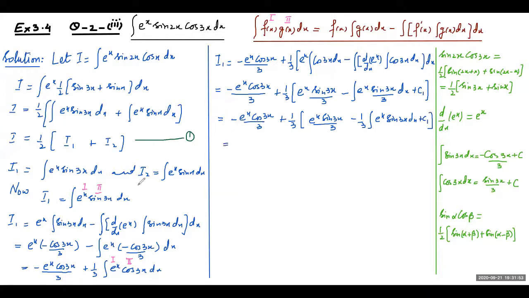Now just see what was I1. I1 was integral e^x sin 3x dx, and what we get here is integral e^x sin 3x dx. So I'm going to write I1 here. As a result, I1 is equal to minus e^x cos 3x by 3 plus 1/3 [e^x sin 3x by 3 minus 1/3 I1 plus C1].